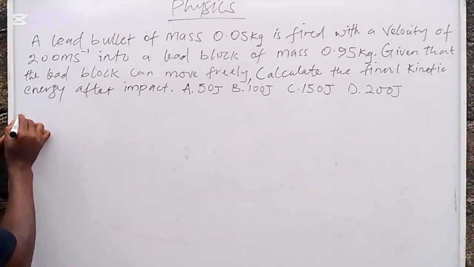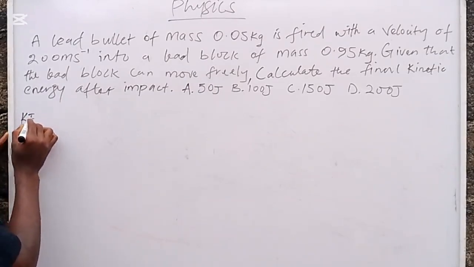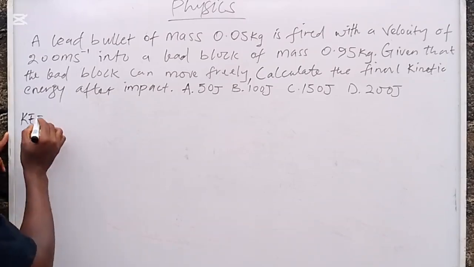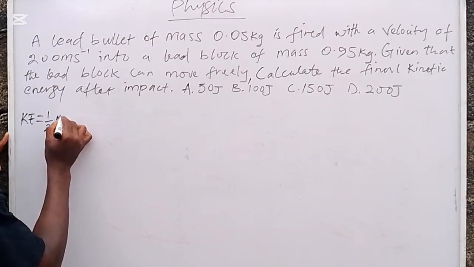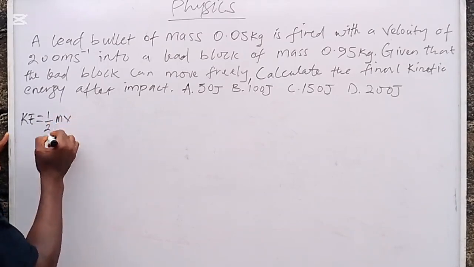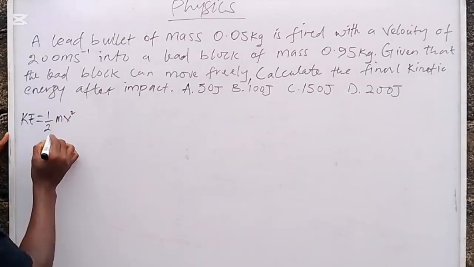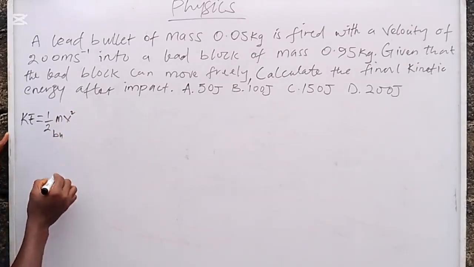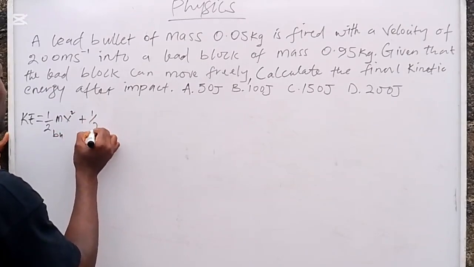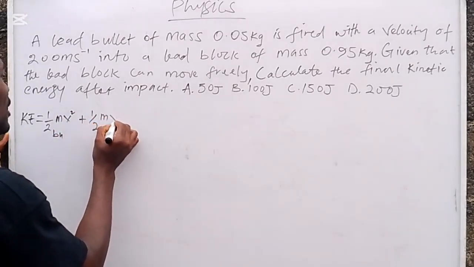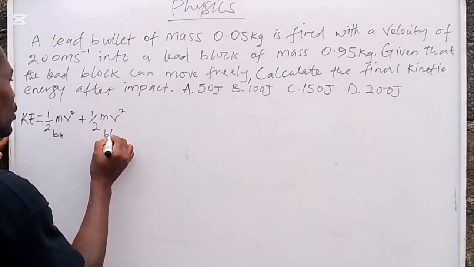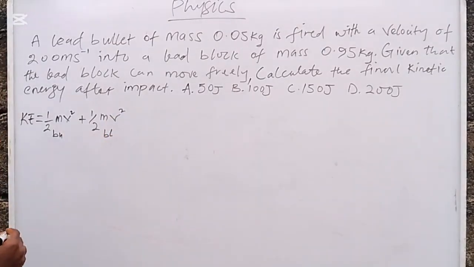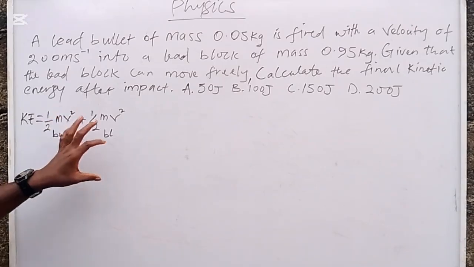So kinetic energy after impact will be equal to half mass times final velocity squared for the bullet, plus half mass times final velocity squared for the block, right? So this is the formula we are going to use to determine the final kinetic energy, right?